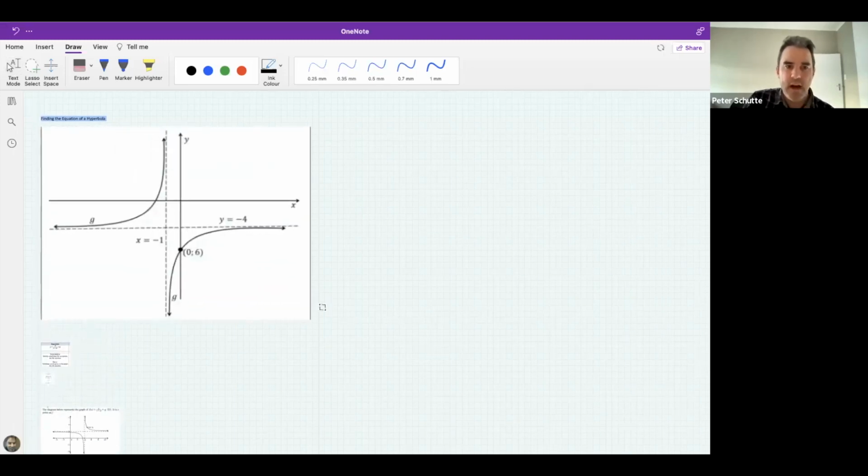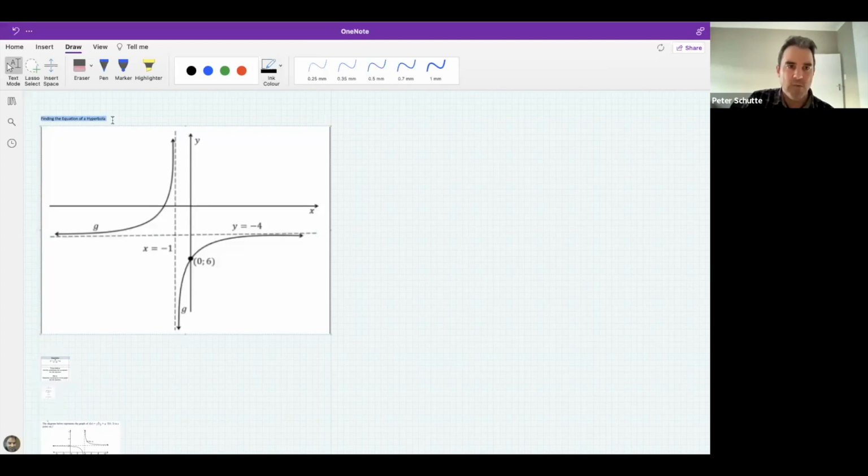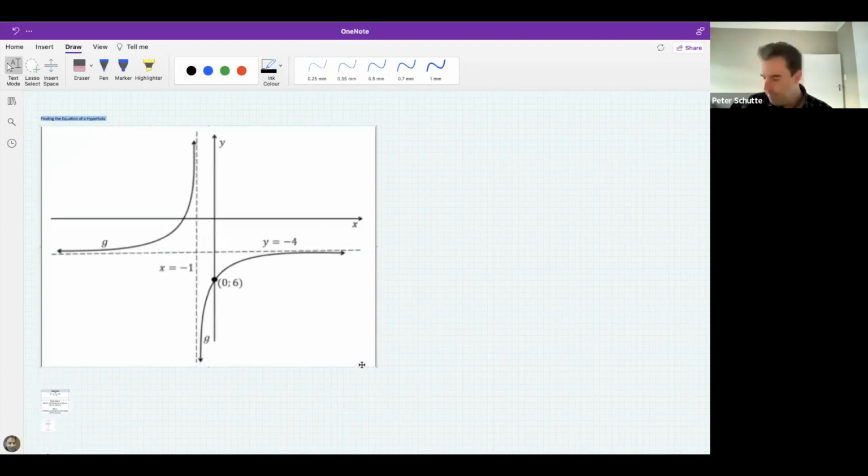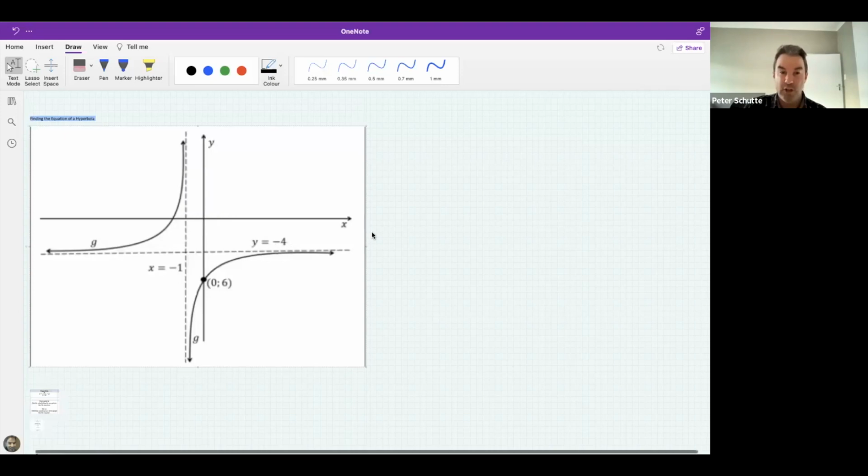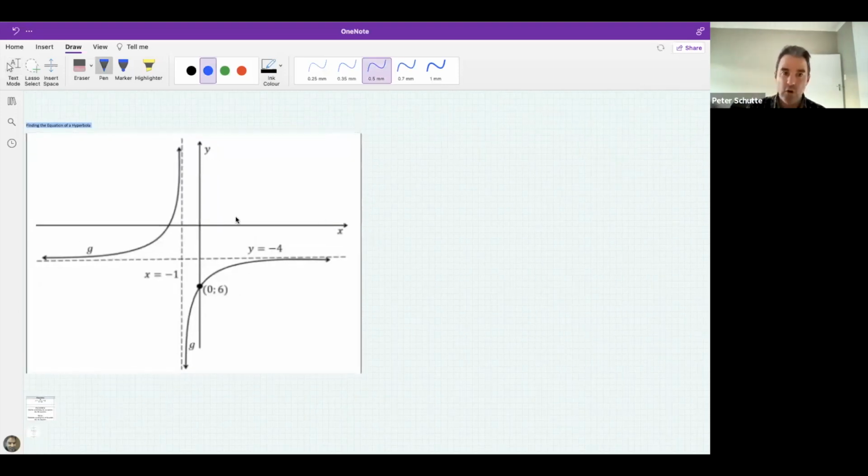I want to talk about what happens when I give you a graph and you have to work out the equation. I'd love some comments from the class. We're going to go the other way now. You're not going to draw the graph anymore. You're given a graph, but you need to work backwards to what's called the standard form of the hyperbola.